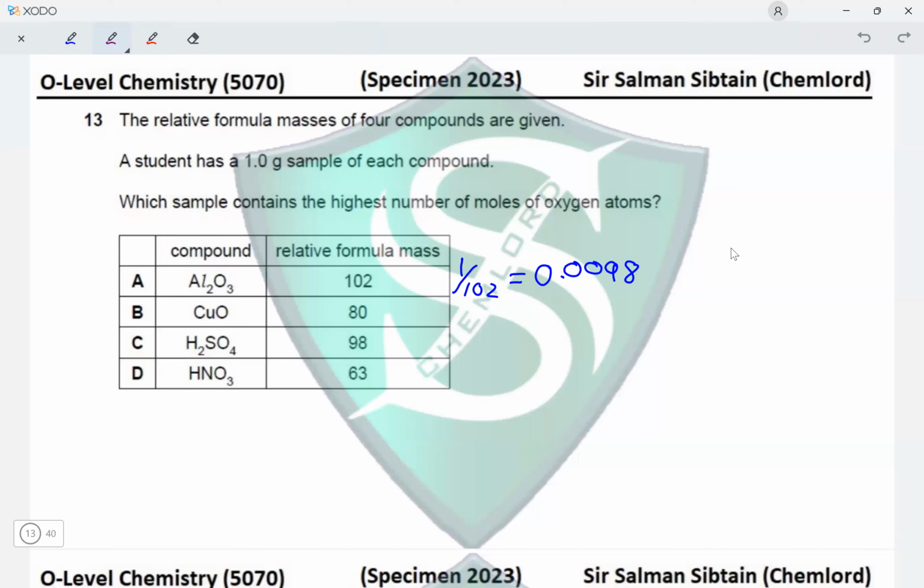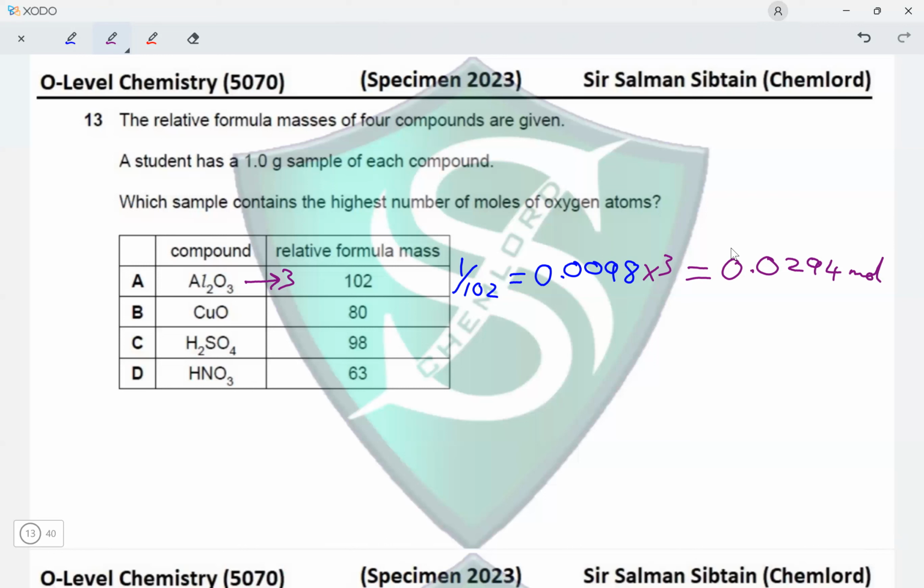In the formula Al2O3, this would contain 3 moles of oxygen. So we would multiply 0.0098 into 3, which will give us a value of 0.0294 moles. And these are the number of moles of oxygen present in this compound.